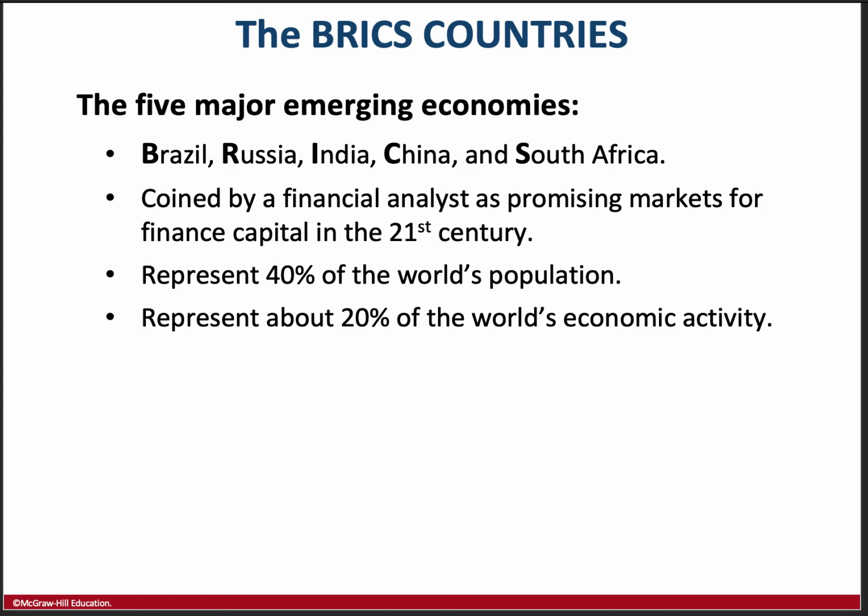The last on the list, last but not least, is South Africa. Out of all of the BRIC countries, it does have the smallest economy. It has a growth rate of 1.4%. But don't count out South Africa.